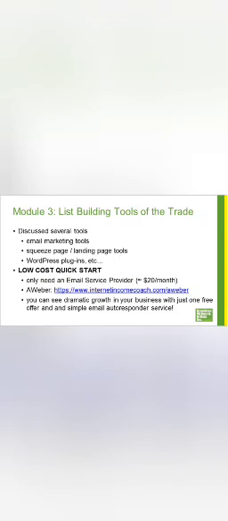Most of the tools run about $20 a month. So there's Aweber, there's MailChimp, GetResponse. Every week there's a new flavor of the week coming out. Any of these tools work. They all basically do the same thing. They all cost around the same amount of money.